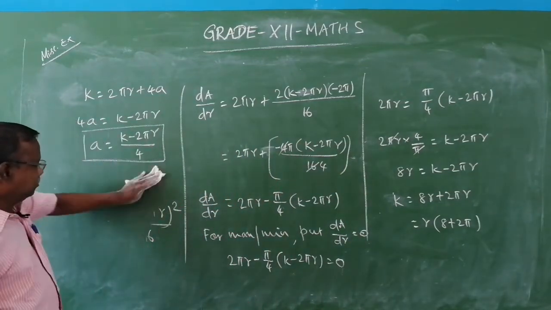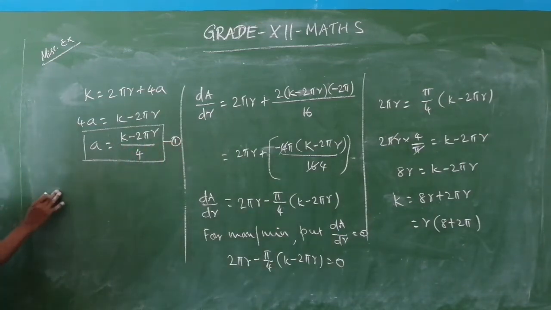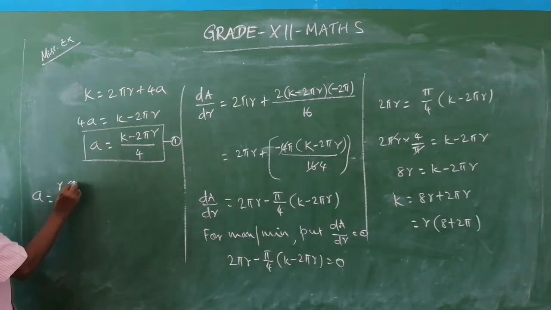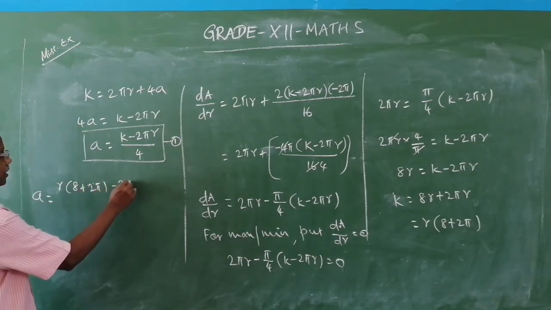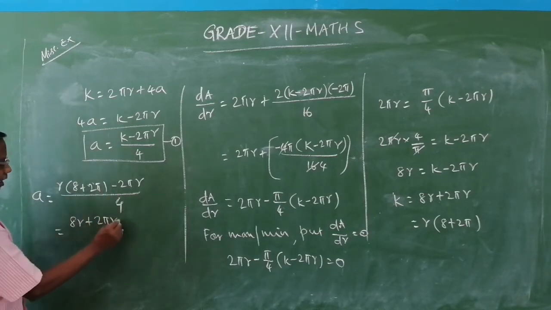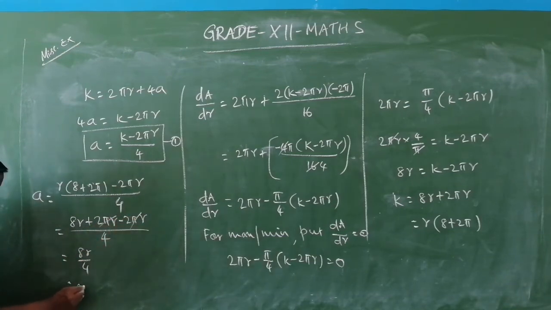Now substituting in the first equation, we have a equal to k, which is r into 8 plus 2 pi, minus 2 pi r divided by 4, that is 8r plus 2 pi r minus 2 pi r divided by 4, that is 8r by 4, equal to 2r. So a equal to 2r.